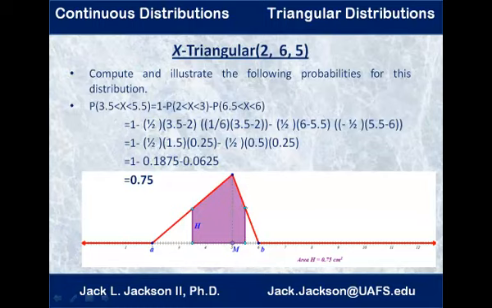So the height is 0.25, the base is 0.5, and then we multiply those together times 1/2, and we get 0.0625. So now we know we have 1 as the total area, the 0.1875 is the unshaded area on the left, and the unshaded little triangle on the right is 0.0625 for its area. Go ahead and do those two subtractions, and it does turn out to be exactly 0.75, or 3/4.